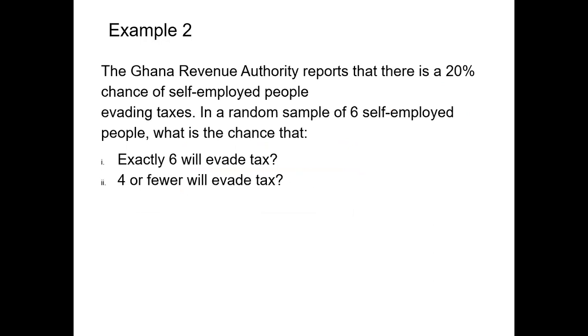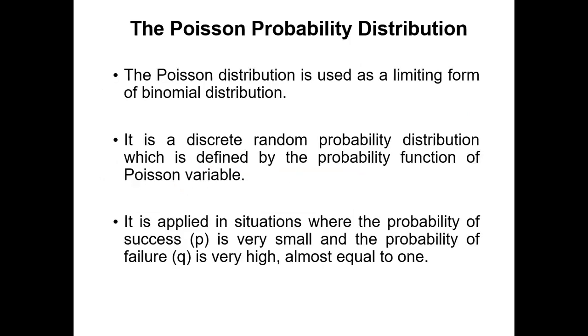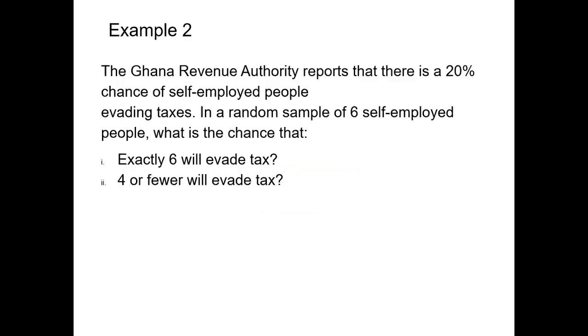Now, let's take the second example on binomial probability distribution, and then that will be it for this section. Then the next session, we will talk about the Poisson distribution. Then the final session, we will discuss the normal probability distribution.